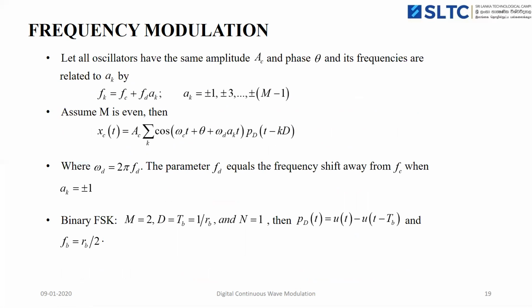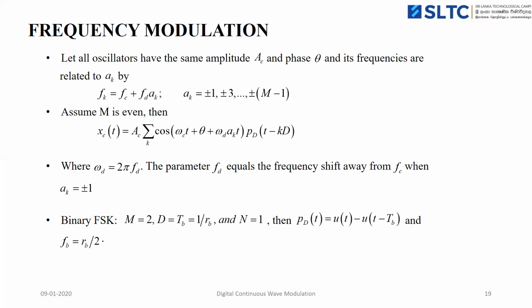So we are assuming that all local oscillators have the same amplitude Ec and phase theta, but the frequencies vary with respect to the amplitude levels of the rectangular pulse Ak. The general expression for the frequency of each local oscillator is Fk.